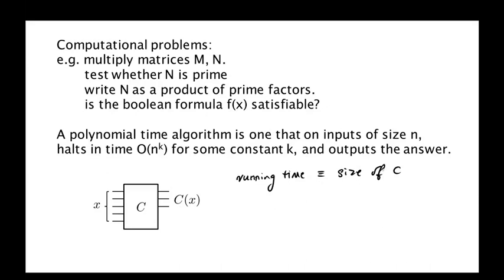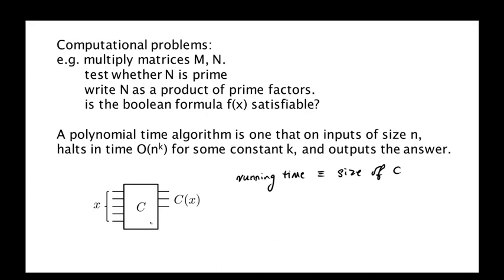So saying that there's a polynomial time algorithm corresponds to saying that there's a family of circuits C sub n, one for each length n, such that on inputs of length n, C sub n outputs the correct answer, and moreover the size of C sub n, the number of gates in C sub n, is bounded by some polynomial in n.